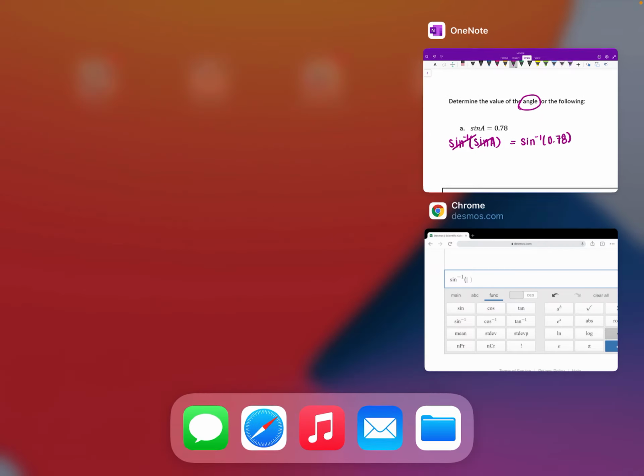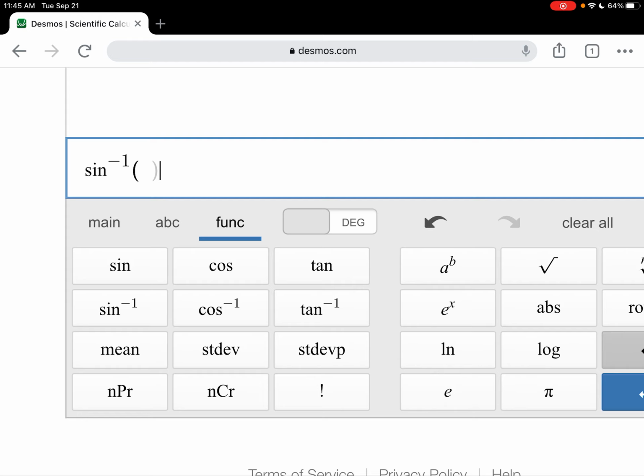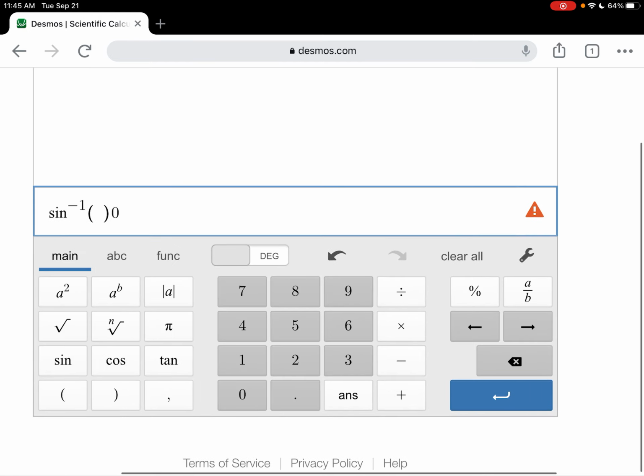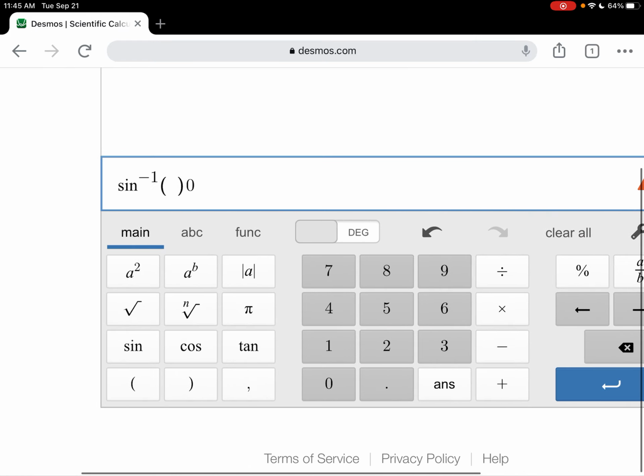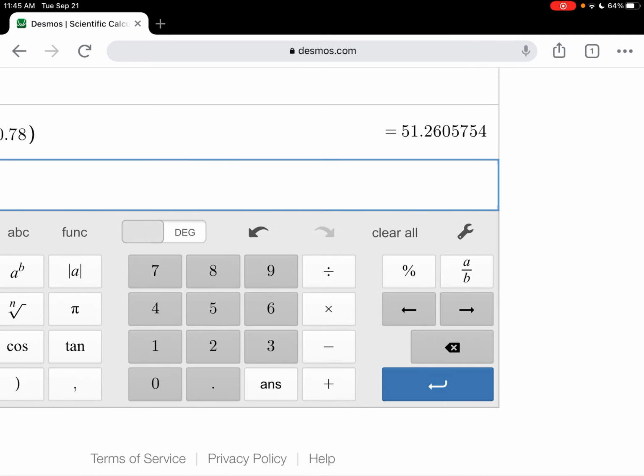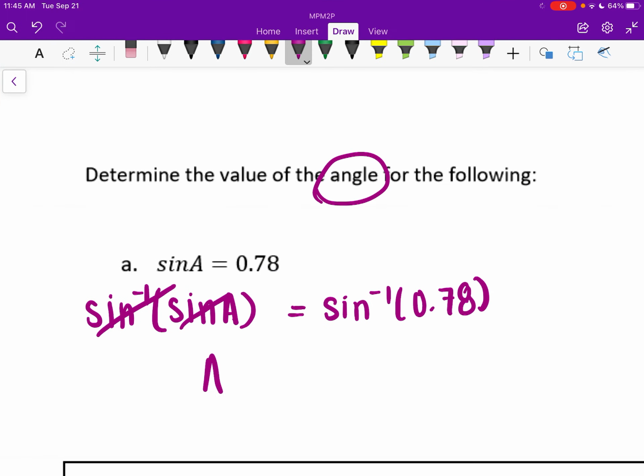So I'm going to go into my calculator and say sine inverse, and then put in 0.78. When you're using your own calculator, it's obviously going to be better. And then you're left with 51.26. For angles, we like to just round to the nearest whole number. So angle A is going to be equal to 51, and angles are always in degrees.